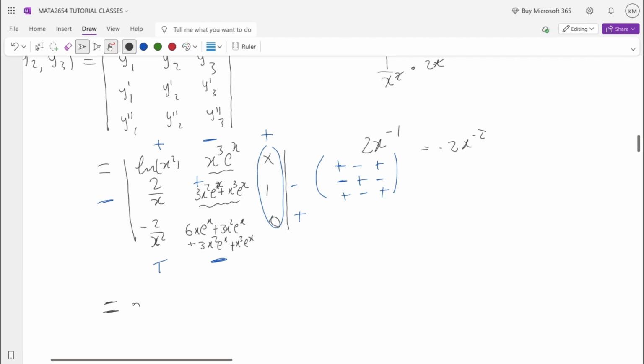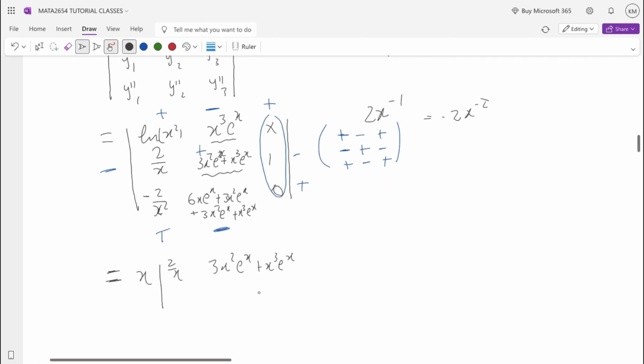I have x. I cancel this row and that column. Then I have the determinant of 2 all over x, 3x squared e to the x plus x to the third e to the x. Then what else? Minus 2 all over x squared.